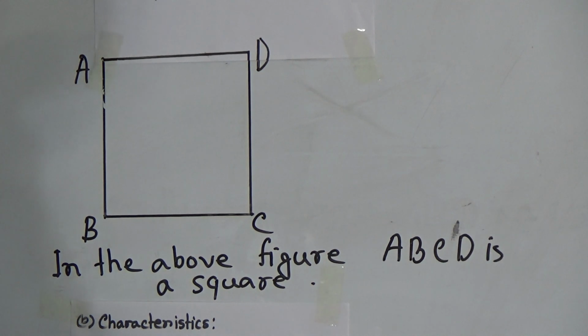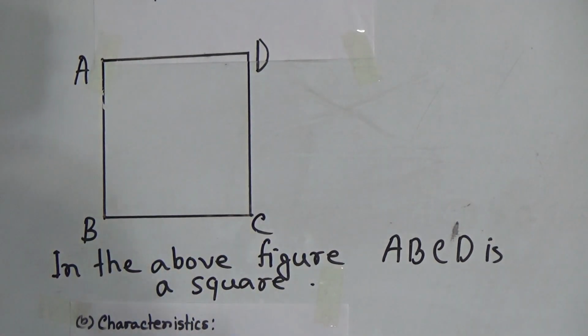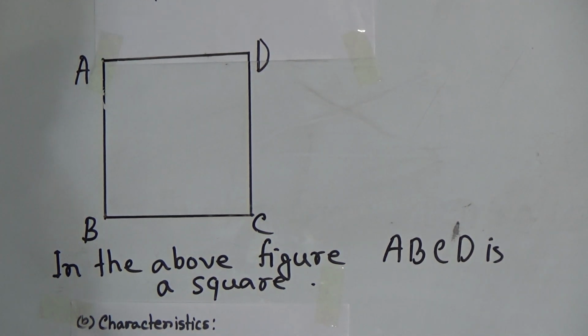C, it has 2 diagonals of equal length. AC is a diagonal and BD is another diagonal, and both diagonals are equal. D, the diagonals of a square bisect each other, that means AC and BD bisect at a point. I hope you have understood.